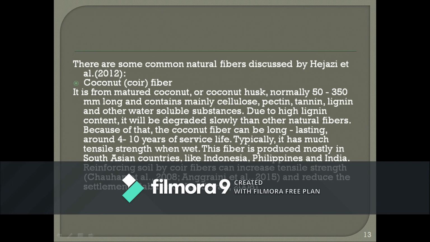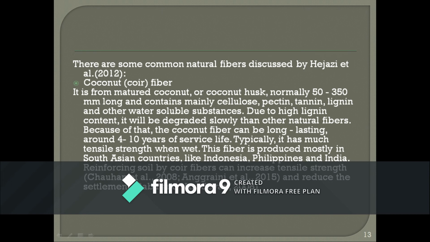Not only for reinforcement of the soil, we use this coconut fiber also to increase the strength and to increase the height of the flooring. The height of the flooring can be increased considerably using this fiber. The main thing I am telling is that coconut fiber has many purposes in our construction industry.